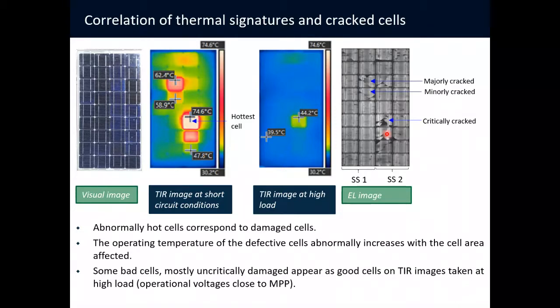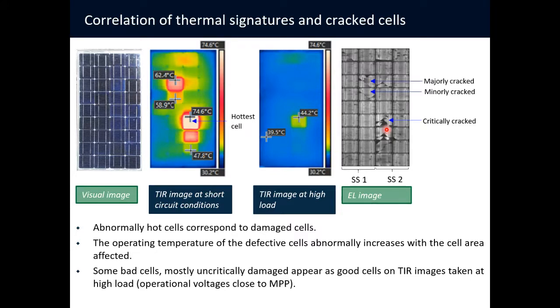So it all depends on the mismatch between the good and the bad cells. If there is a significant current mismatch between good and bad cells, obviously the bad cell is going to appear as a hot cell in an operational PV module.